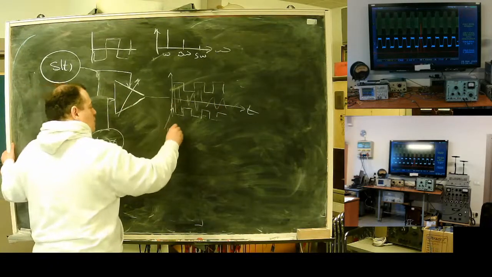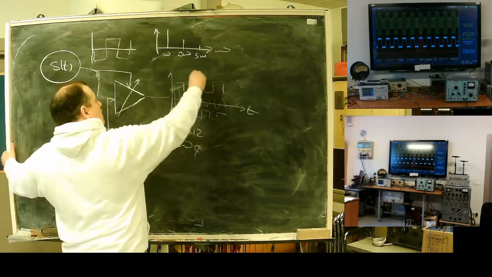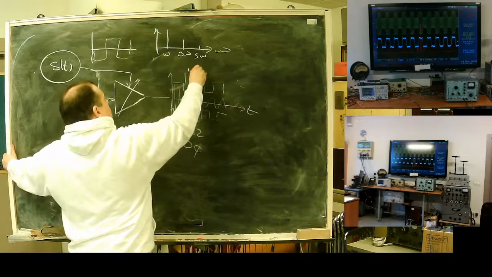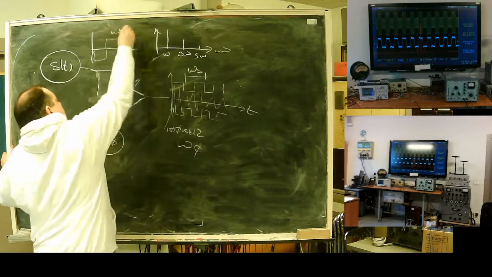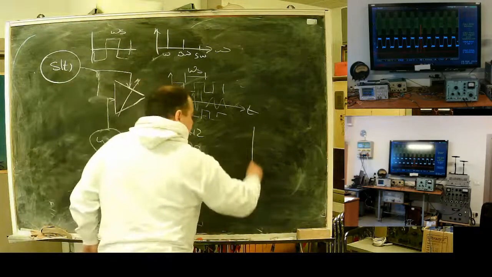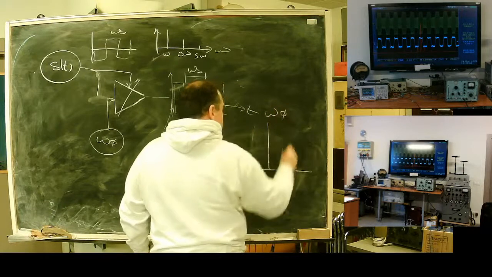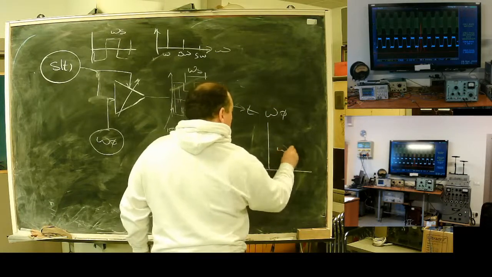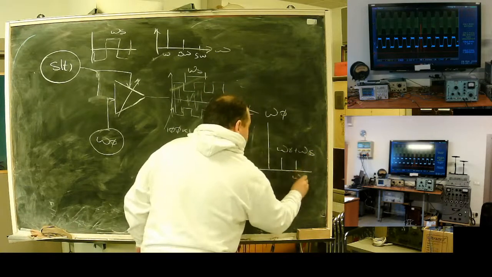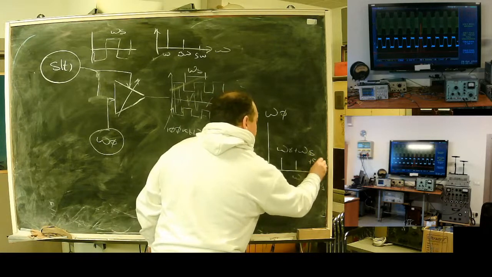This one is 100 kilohertz or omega 0, and this part is omega s. The spectrum I got: omega 0, omega 0 plus omega s, omega 0 plus triple omega s, plus 5 omega s.